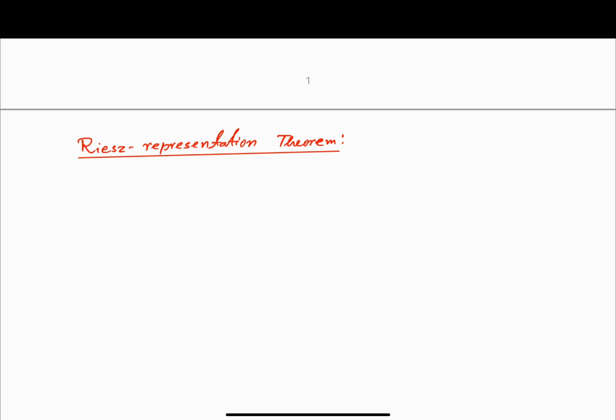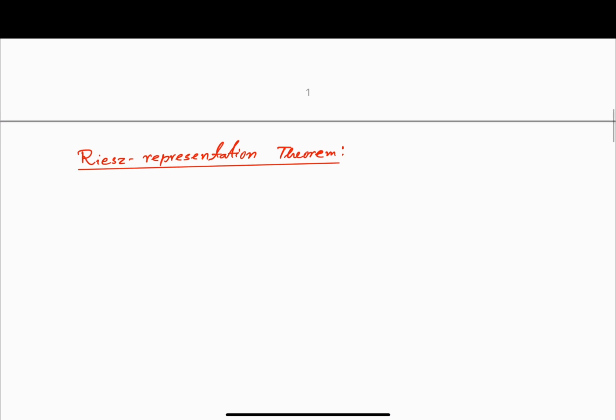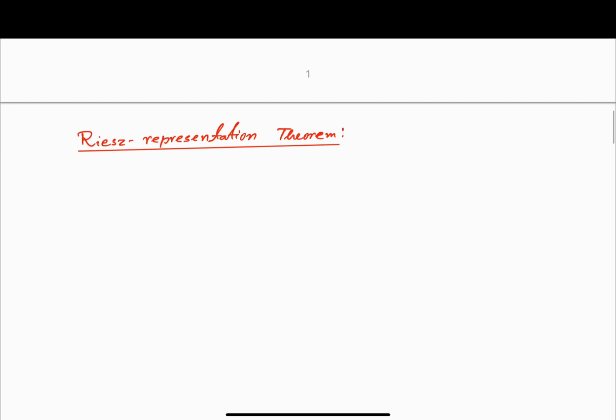So this is basically characterizing all bounded linear functionals on a Hilbert space, right? And so basically L2 over some set, you can take any compact metric space or locally compact space. So L2 of that will be a Hilbert space.